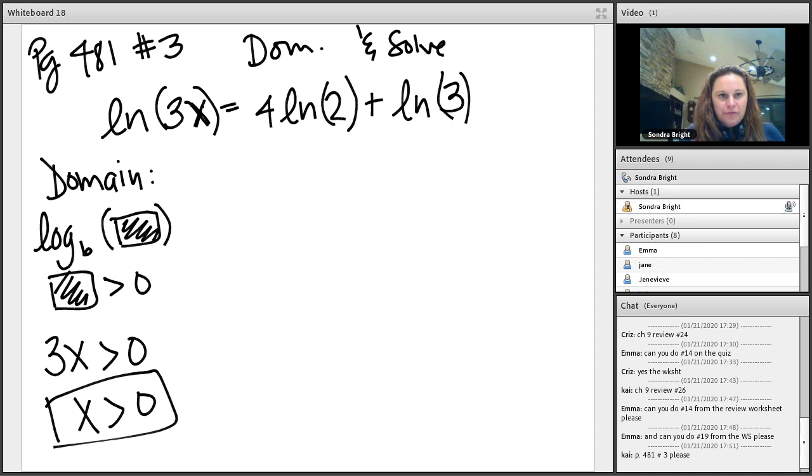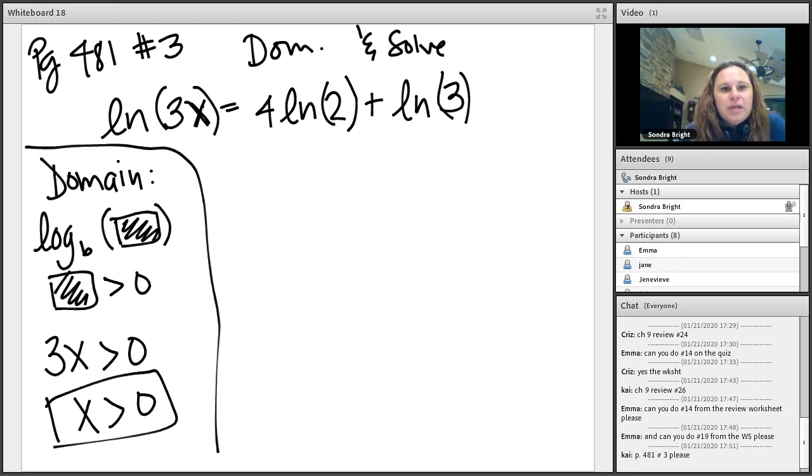Okay, now to solve. You want to solve for x. I'm going to make my life easier and still keep them as natural logs right now. I've got the natural log of 3x. What you want to do is get a log equals a log.